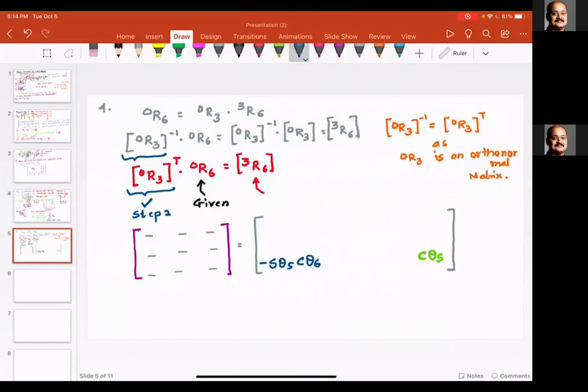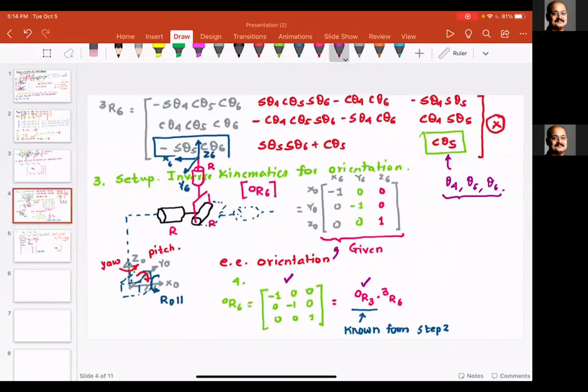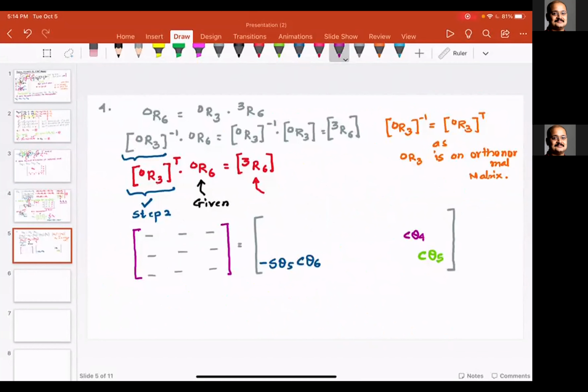And then for a minute, I want you to look at this term, which is cosine theta 4 sine theta 5. And then there are still some terms here. These are unknowns. But these guys are knowns.